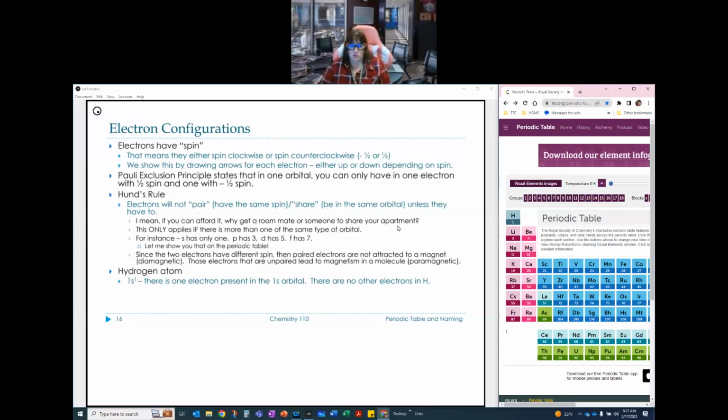Can't happen. Hund's rule states that electrons do not pair, i.e., have the same spin or have the same location, unless they have to. Now, let's think about that for a second. If you have the option to have your own room, isn't that normally what you would take?